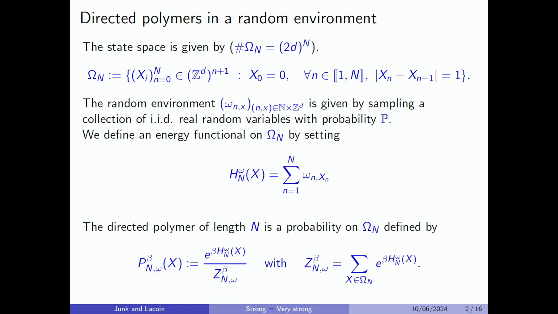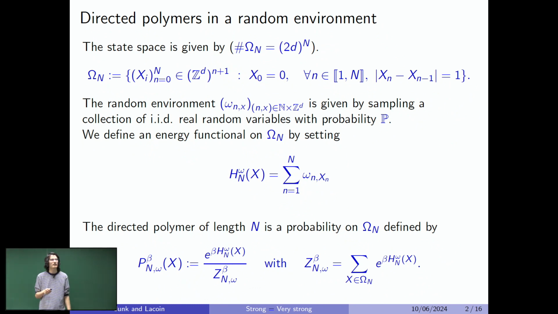The game is basically we are going to fix a state space and define the probability measure on this state space. The state space we consider here is the set of nearest neighbor paths with n steps starting from 0 on Z^d. This is the Omega_n here.